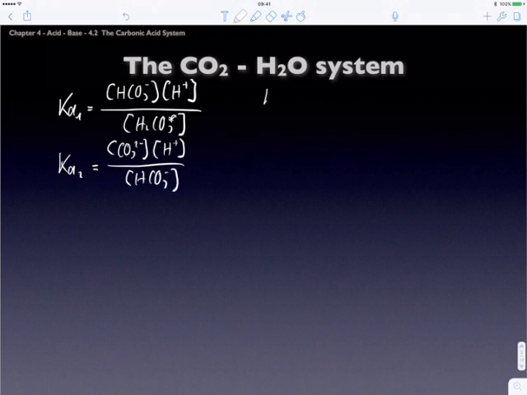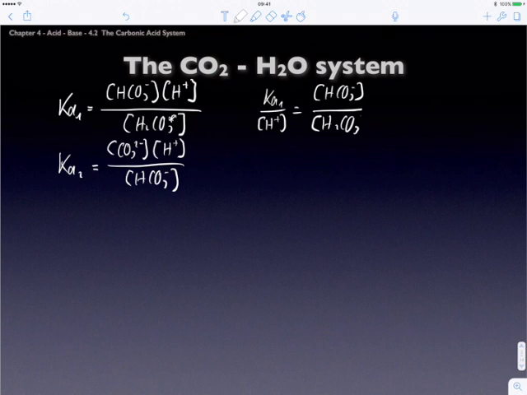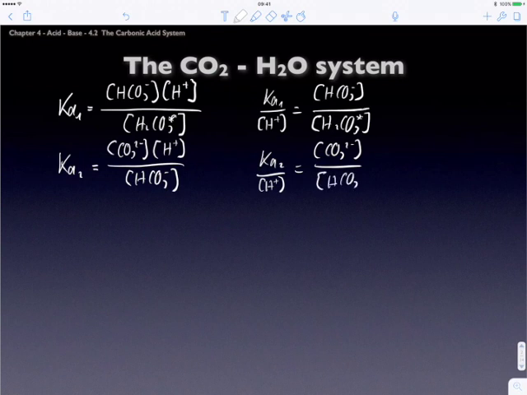I'm rearranging that, so Ka1 over H+ equals the concentration of bicarbonate divided by the concentration of carbonic acid, and Ka2, the second constant, the dissociation of bicarbonate into carbonate, divided by H+ equals the concentration of CO3 2-, carbonate, divided by the concentration of bicarbonate.